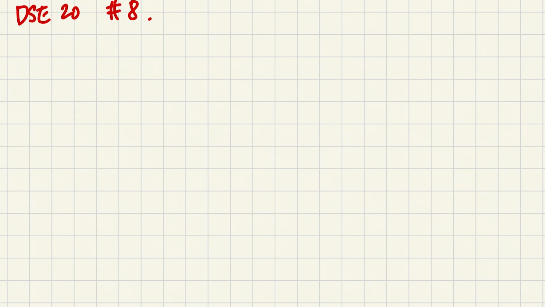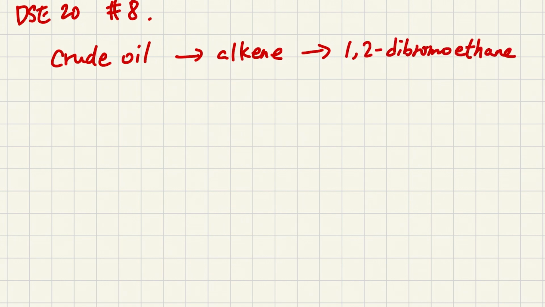2020, question 8. The process mentioned in the question is how to change crude oil into alkene and finally 1,2-dibromoethane. So let's focus on the first step.